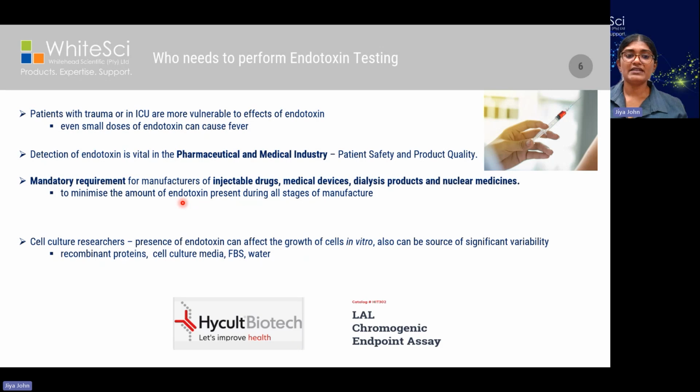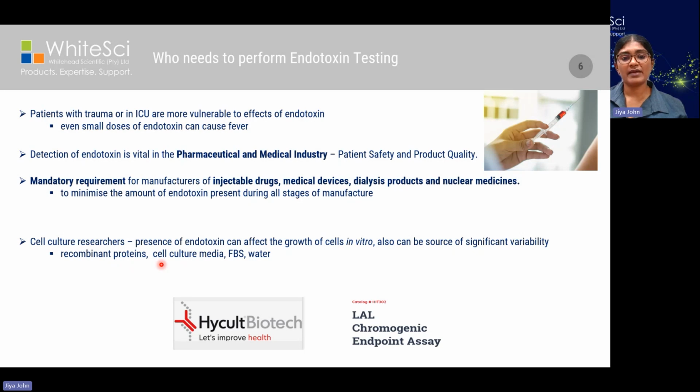Just to highlight, for researchers that are doing cell culture work, sometimes the presence of endotoxin can also affect the growth of cells in vitro. They can get variable results from the different tests that they do. And the sources of endotoxin could be the use of recombinant proteins, cell culture media, FBS, or water.